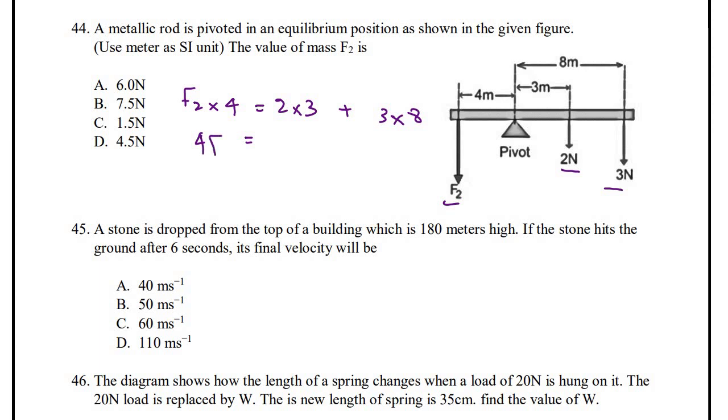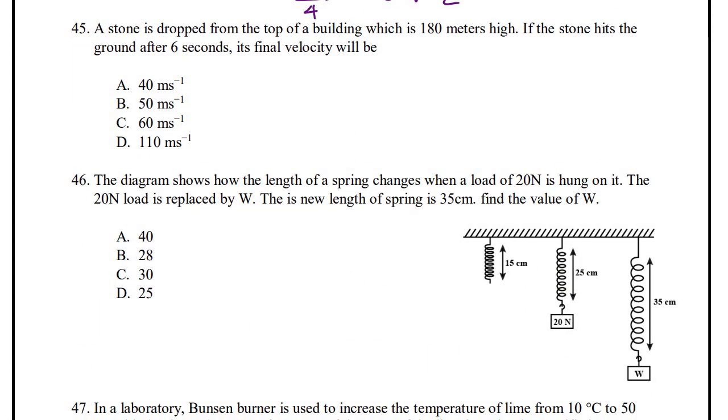So 4 times F2 will be equal to 6 plus 24, and F2 will be equal to 30 divided by 4, that is 7.5 newtons. Option B is the right answer.